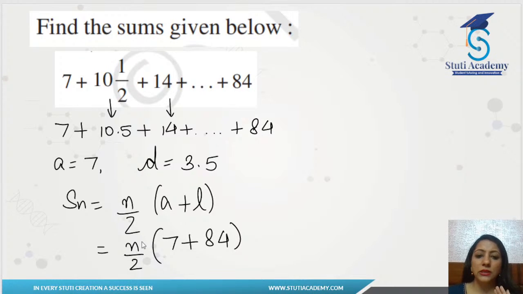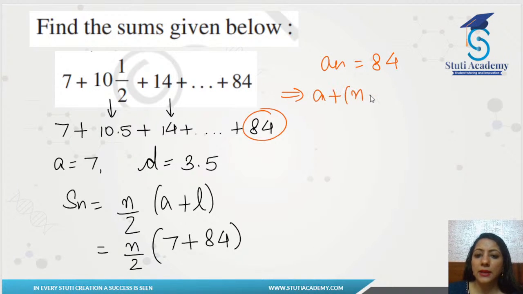So before I do anything else, I'll first solve for n. Please notice, we're going to pick up 84, the last term of the AP. If we know 84 is the last term, we can solve for the number of terms of the AP using the nth term formula. An is 84, so we can write this as a plus n minus 1 into d is equal to 84.